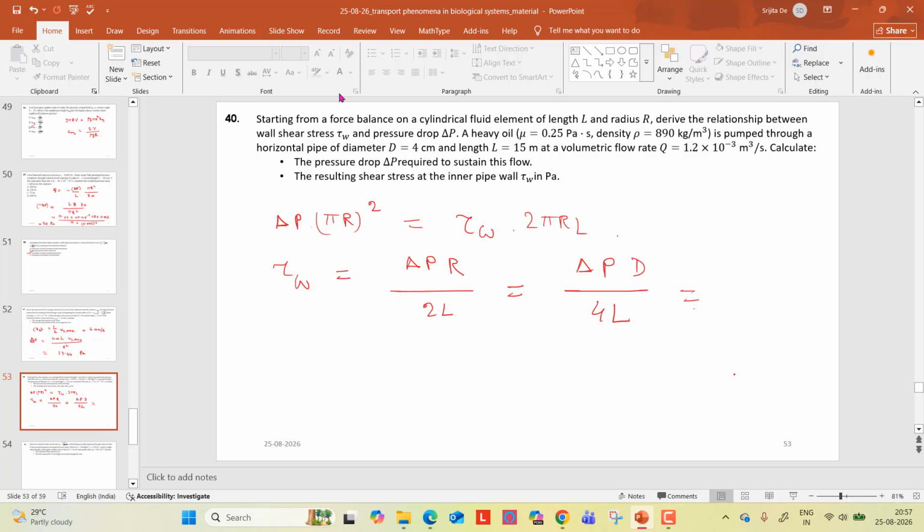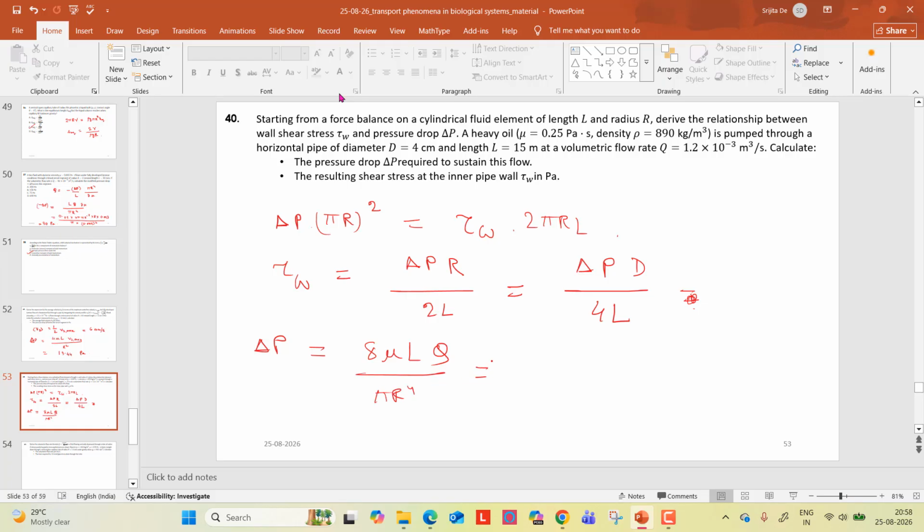Okay. So pressure drop we can calculate from the volumetric flow rate. We know that Q equals pi R to the power 4 by 8 mu into delta P by L. So delta P is calculated from there. It will be 8 mu L Q by pi R to the power 4.